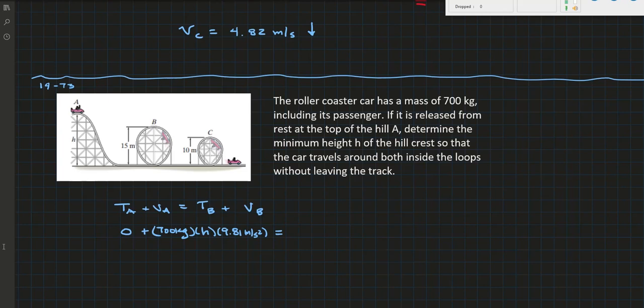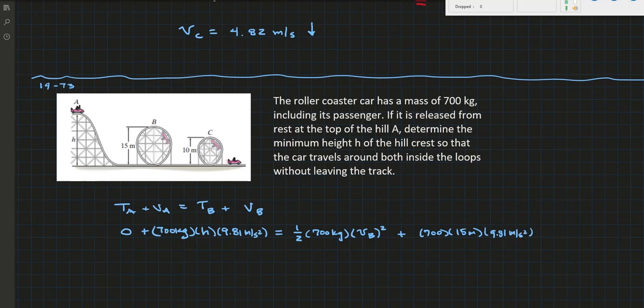Then at B, so h is unknown, at B we have 1/2 our mass, which was 700 kilograms, times our velocity squared at B, but we also are going to have some potential energy left over, and that is going to be mass of 700 times our height of 15 meters, and g is 9.81 meters per second squared.